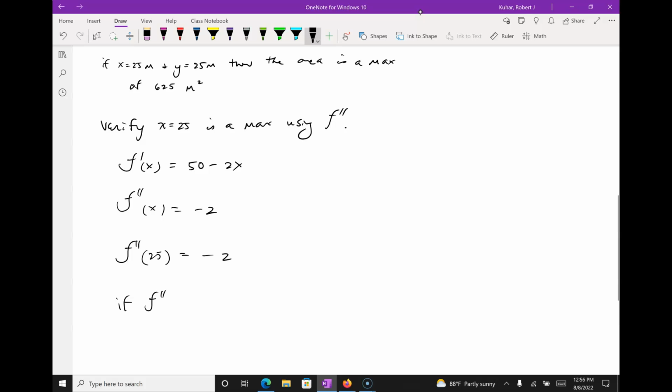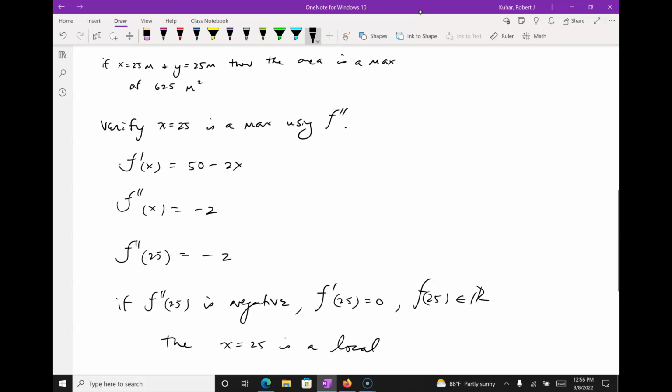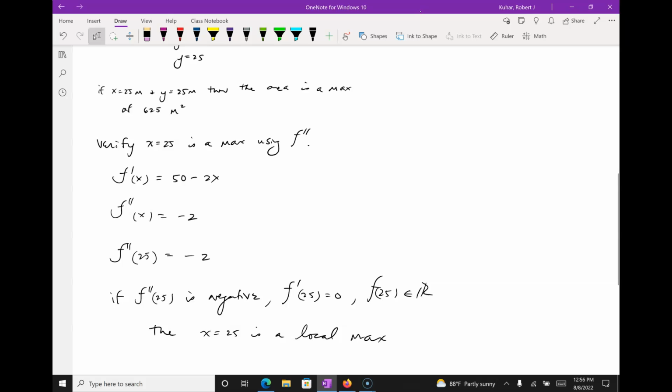If f double prime of 25 is negative, f prime of 25 is 0, and f of 25 is real, then x equals 25 is a local max, right, from our second derivative test. If the second derivative is negative, negative people frown. When you're frowning, you got the top of a hill, and that's how we know we have a maximum.